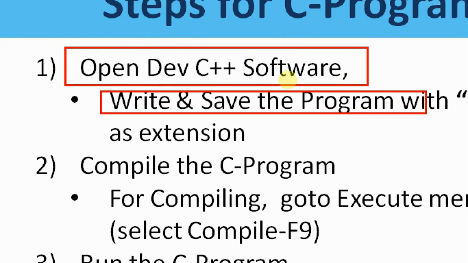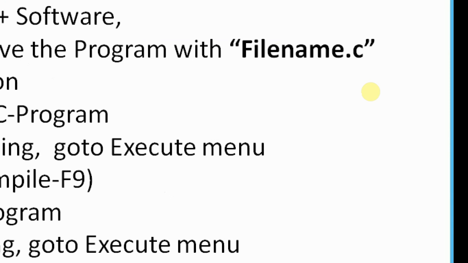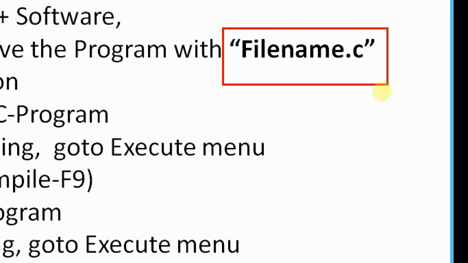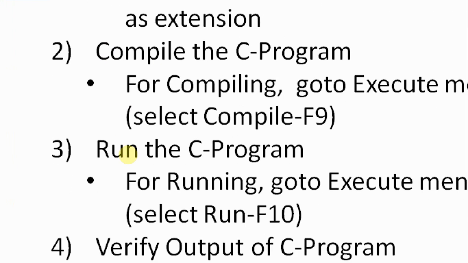For writing and saving the program we use filename.c as extension. Example, demo1.c, sample1.c, etc.